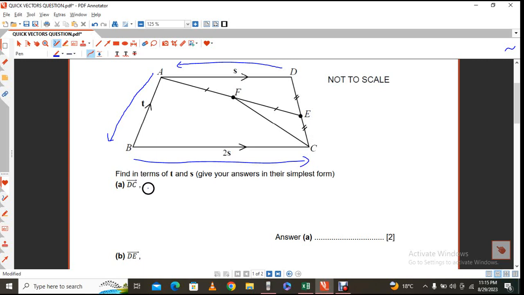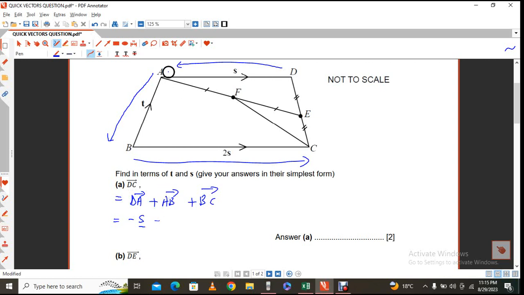So DC, I would say, is equal to DA plus AB plus BC. Now, here's the thing about DA. You are going against S, so I'm going to put a minus S, and it's a vector, so you put a squiggly line underneath it.